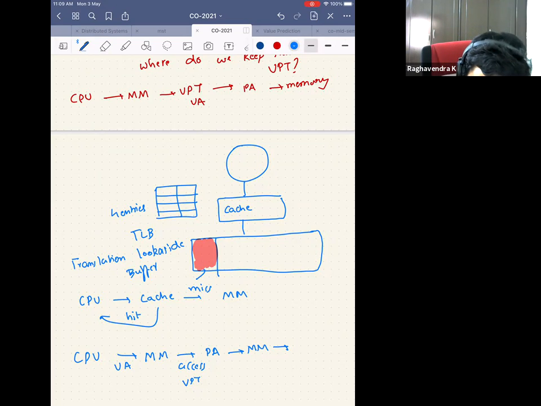Of course, these days it has been made into 8-way associative and things like that. So for process 1, the page A is translated to capital A, and maybe for process 2, the page A is translated to capital C. Something like this.